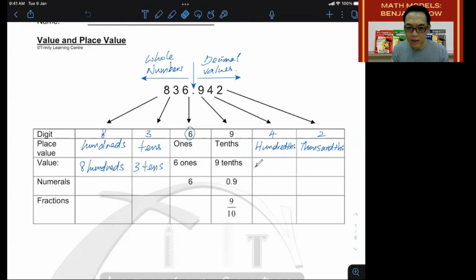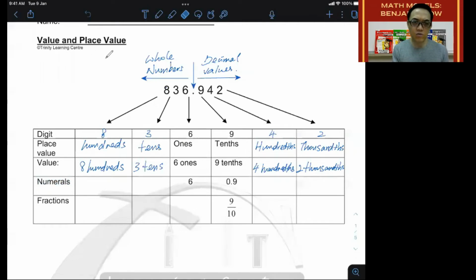Over here, there are 4 hundredths. Okay, remember a hundredth is 1 out of 100 parts of 1 whole. So this is made up of 4 hundredths. And this would be 2 thousandths.